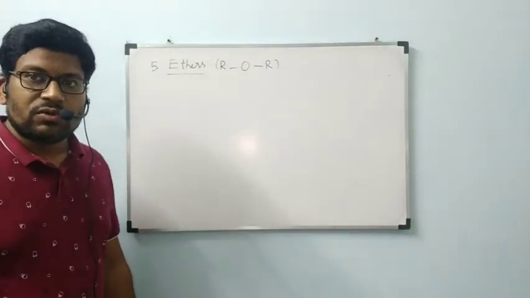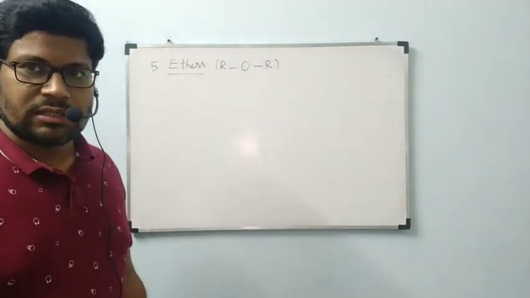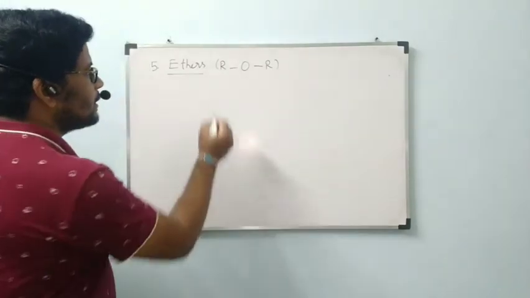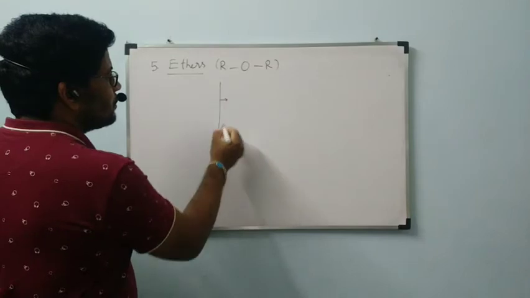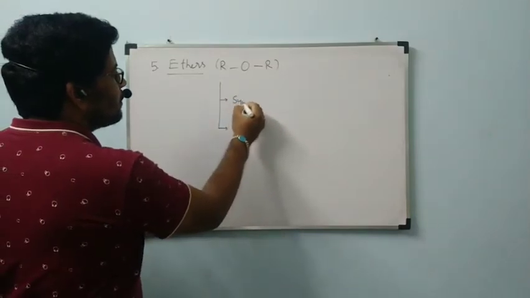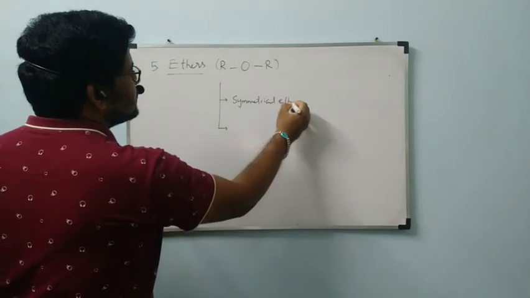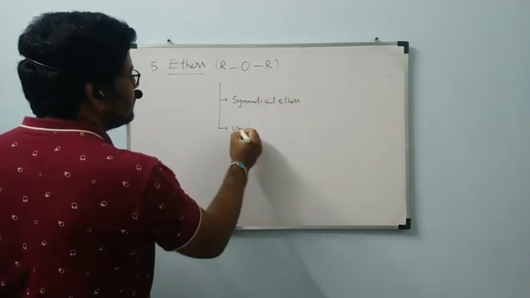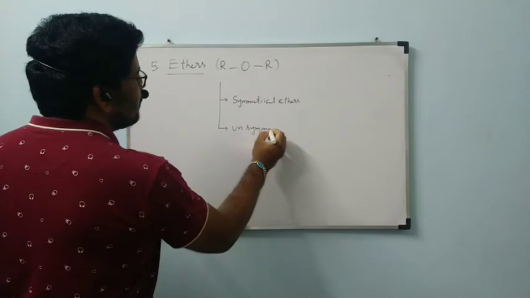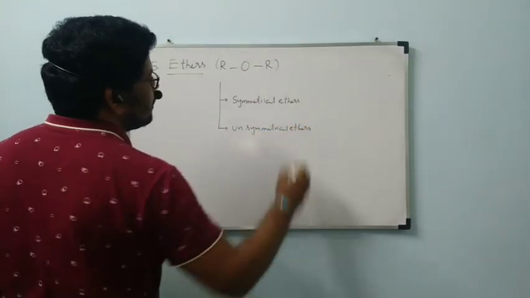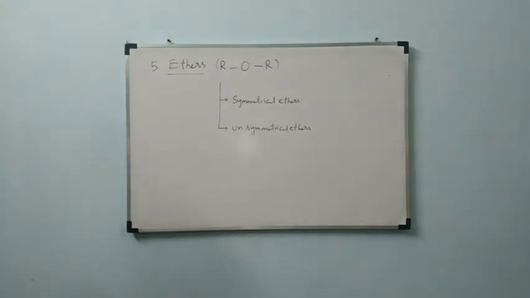Before going to give the name of an ether, we can classify these ethers into two types. Those are symmetrical ethers and unsymmetrical ethers.